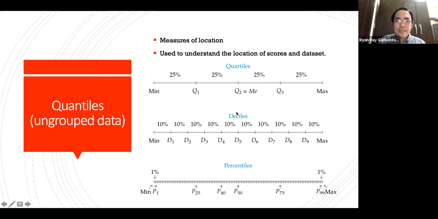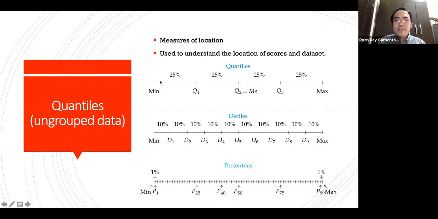Same thing with the deciles: we refer to the first, the second, the third decile, decile 4, decile 5, decile 6, 7, 8, 9, and 10. While the percentile runs from the first percentile to the 100th percentile, or the P99.